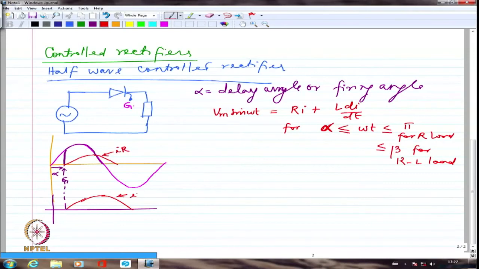This is I, for example. Whatever is the leftover voltage, the difference between these two, happens to be VL, which is L di by dt, the voltage across inductance. Because Ri plus L di by dt equals Vm sin omega t, and this is Vm sin omega t and this is IR, obviously this has to be L di by dt, right?